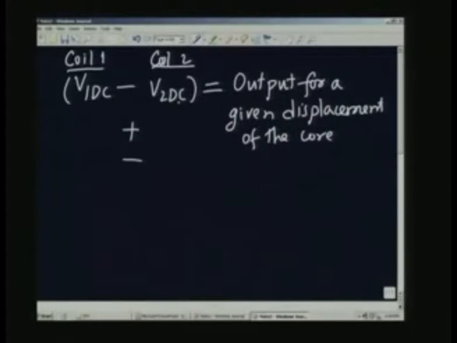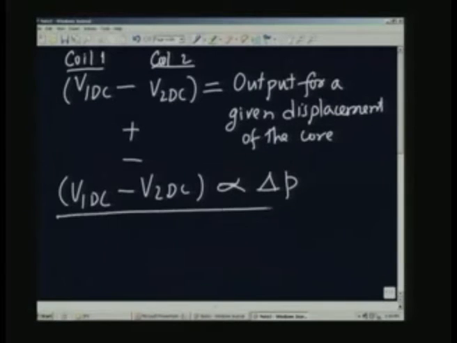Therefore, this voltage difference between these two is proportional to the pressure difference. So, we will say that V1 DC minus V2 DC is proportional to delta P. This is the important thing. Now, let us look at a slight improvement in this circuitry.